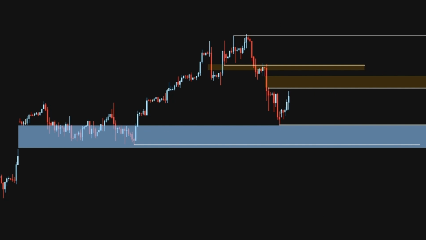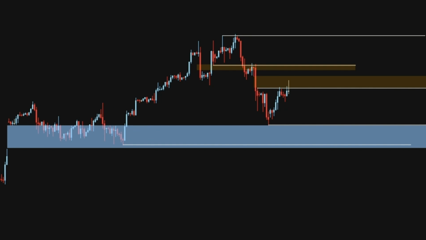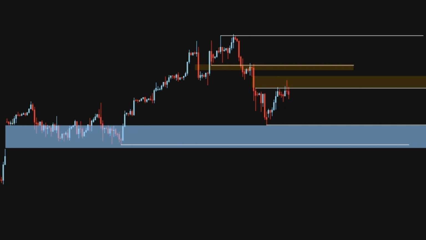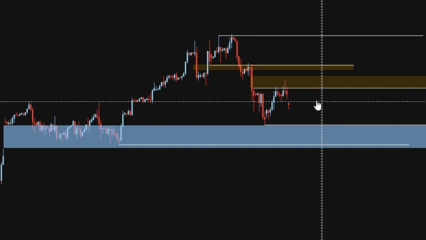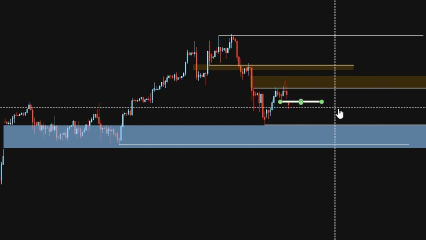These are areas where price wants to go or acts as magnets, right? So it tested the fair value gap. And the fair value gap acts as resistance.